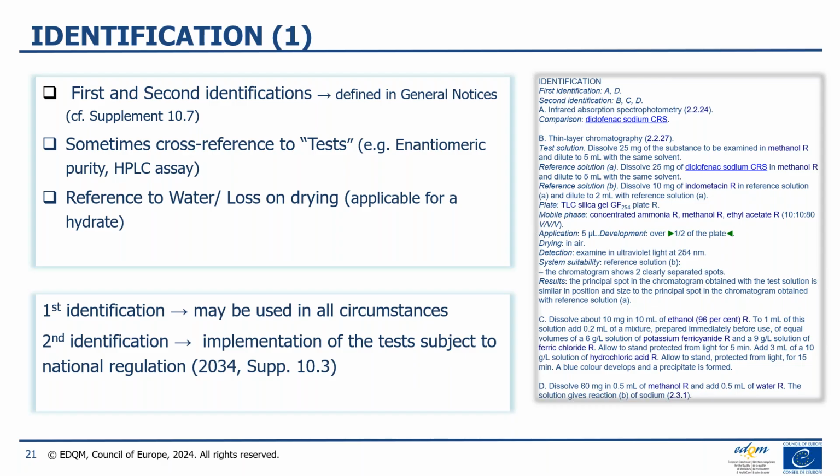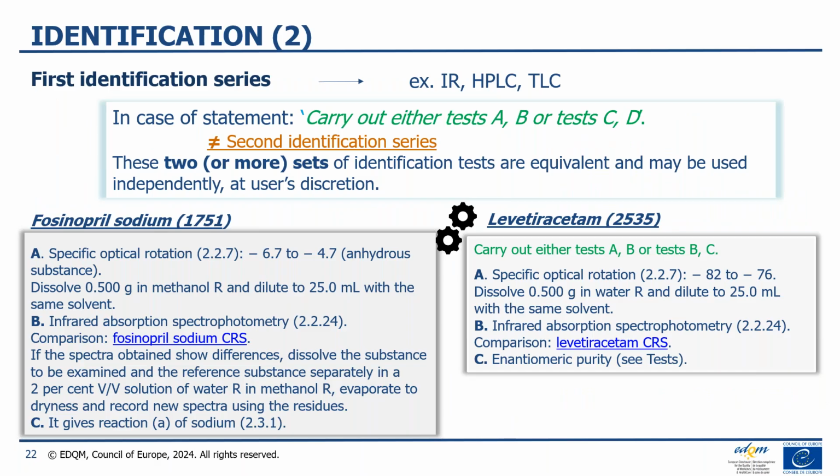Sometimes there might be cross-references in this section to tests. You will also find a reference to water or loss on drying if a monograph covers a hydrate substance. Let us see in more detail the first identification series, intended for the pharmaceutical industry.